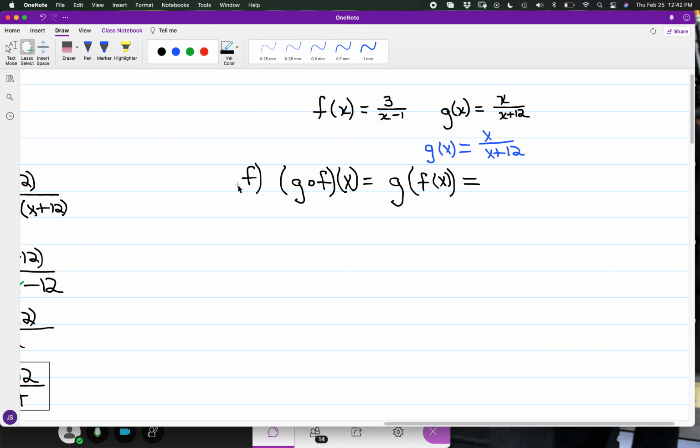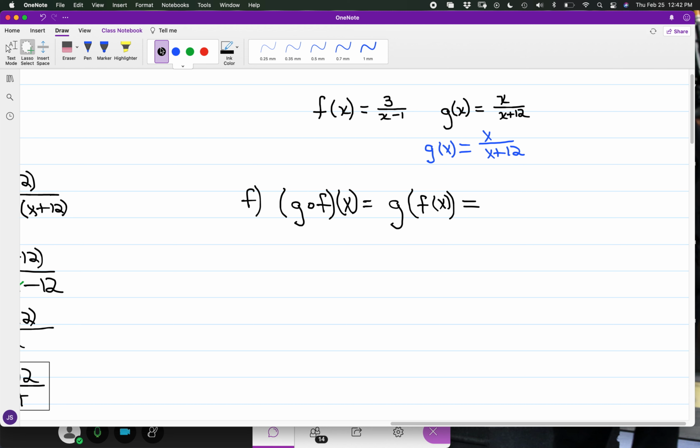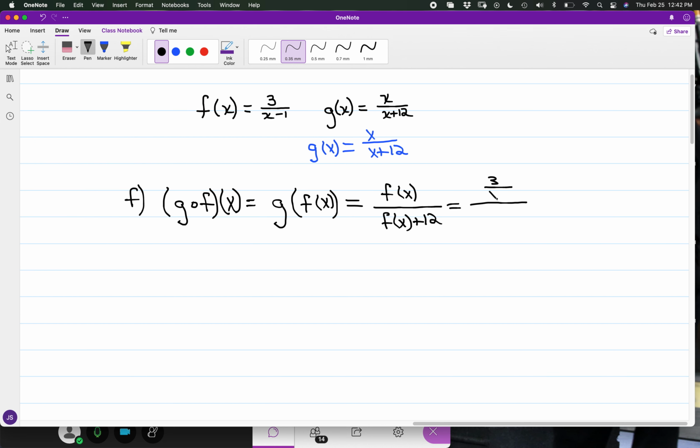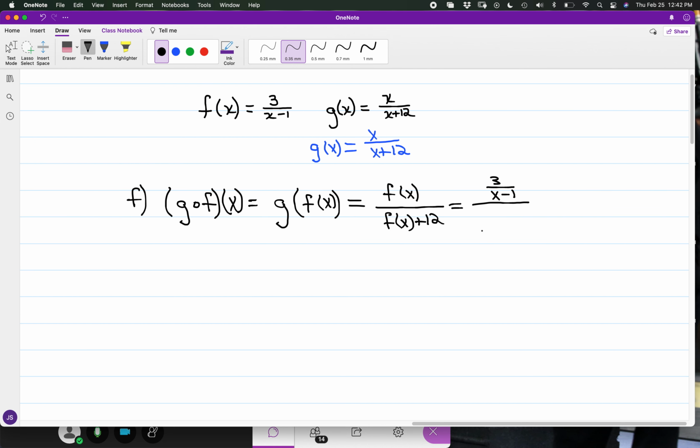So this translates to f of x all over f of x plus 12. And for f of x, we have 3 over x minus 1, all over 3 over x minus 1 plus 12.